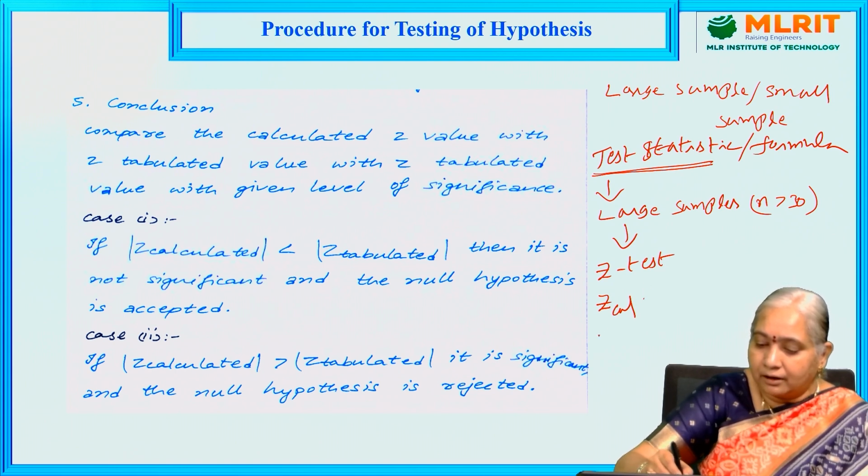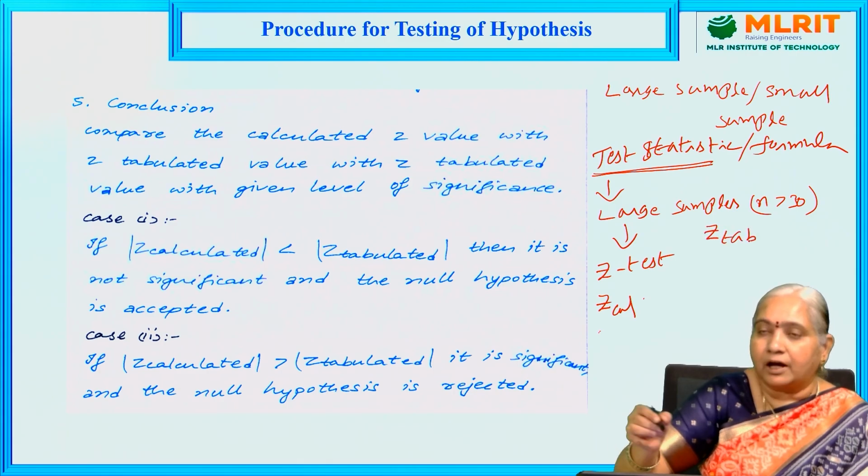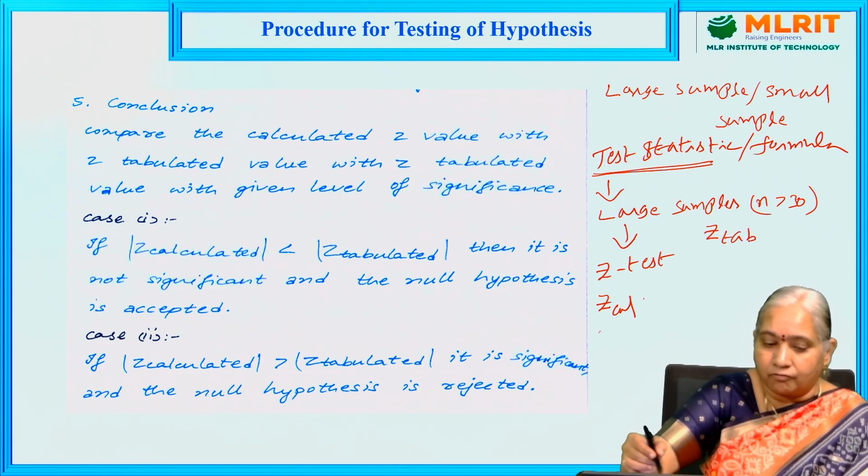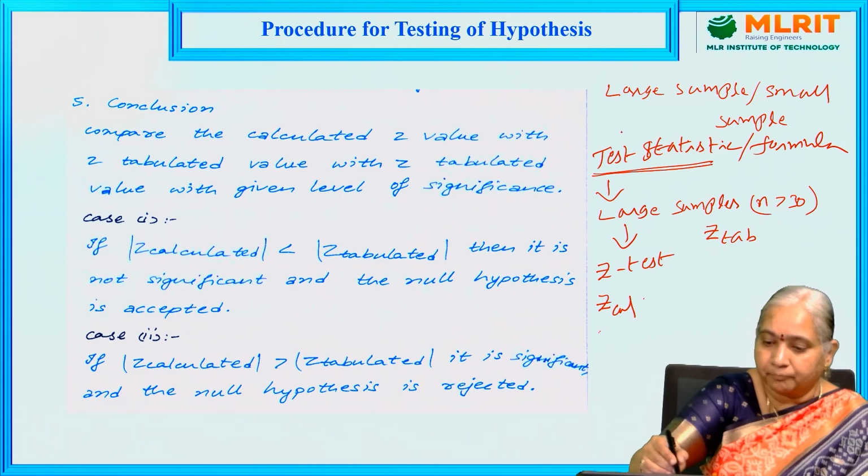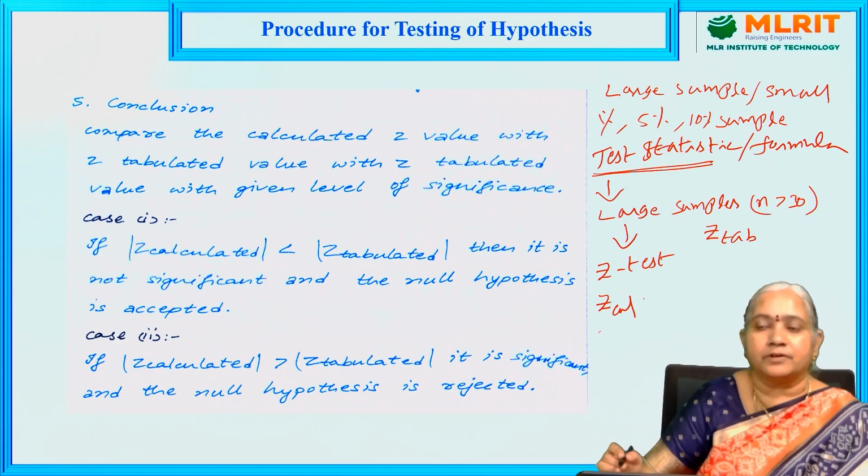And we take the z tabular value also for this 1%, 5% and 10% level of significance.